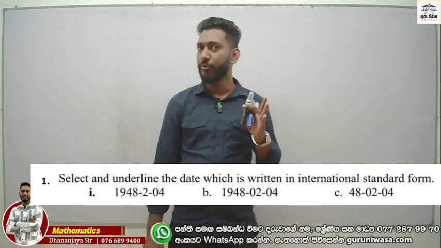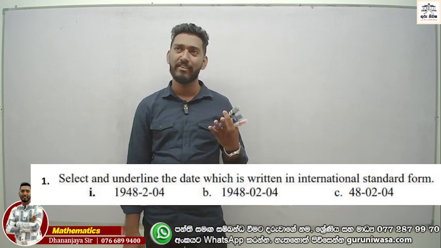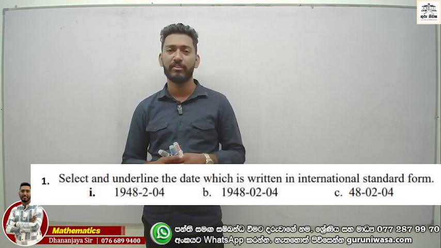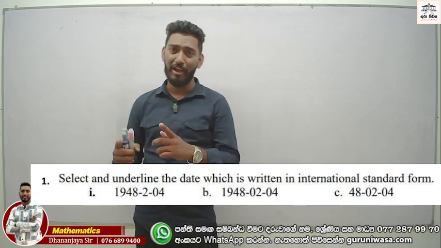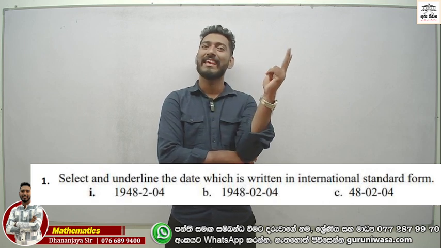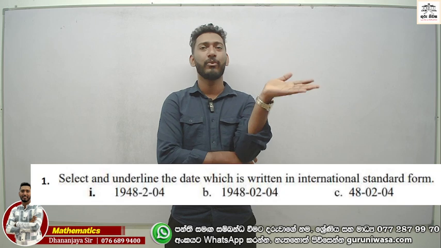You know how to write the international standard form: year, month and date. The year you have to write as a 4-digit number, and the month as a 2-digit number, and the date as a 2-digit number too.